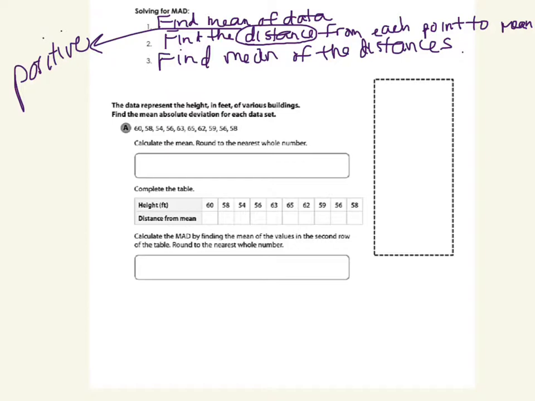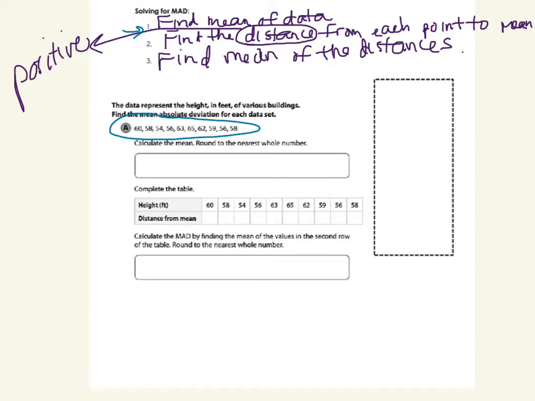Alright, so we're going to use the example down here to actually find the mean absolute deviation. So, here are my data points. And the first step, if we look at our steps up here, the first step is to find the mean of our data. So, when we're finding the mean, we add the numbers up and we divide by how many there are.